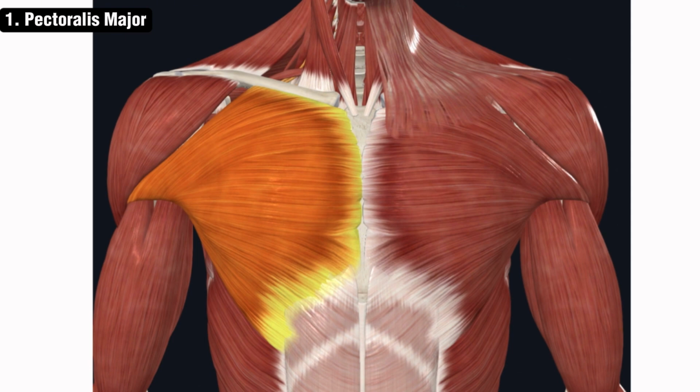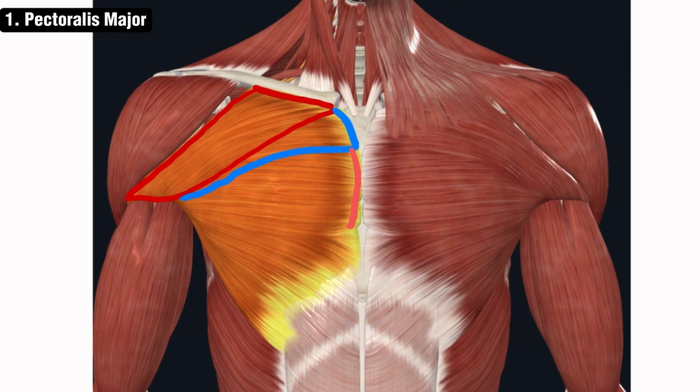So pectoralis major muscle has fibers arising from the anterior surface of the medial part of the clavicle, and these fibers are called the clavicular fibers. It has fibers arising from the manubrium called the manubrial fibers. It has fibers arising from the sternum as well as the costal cartilage.